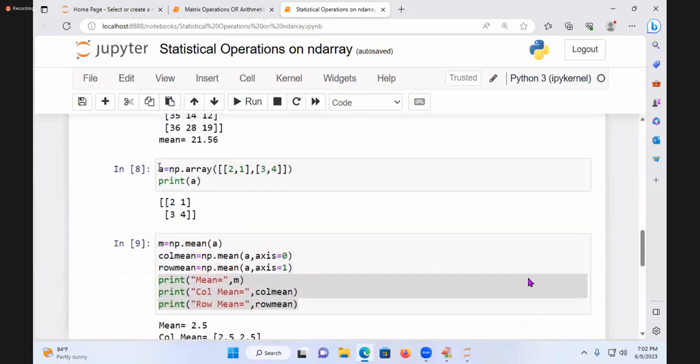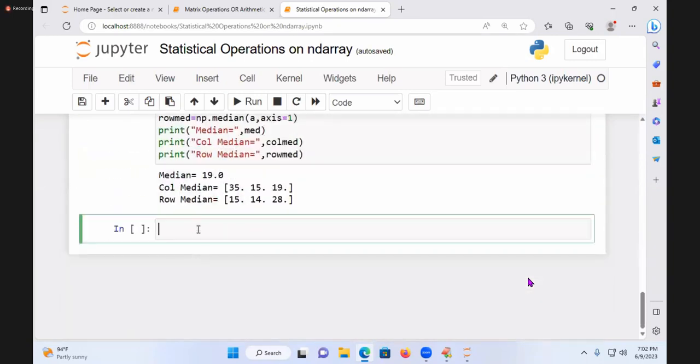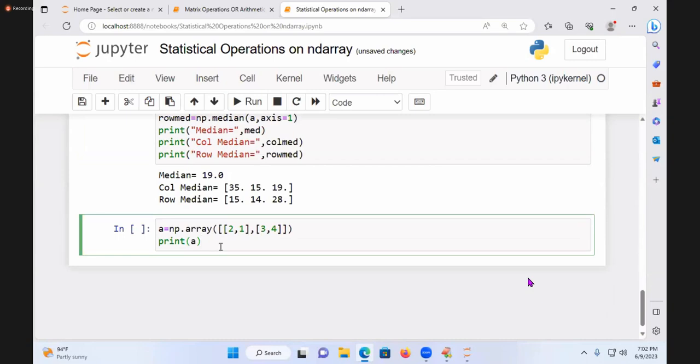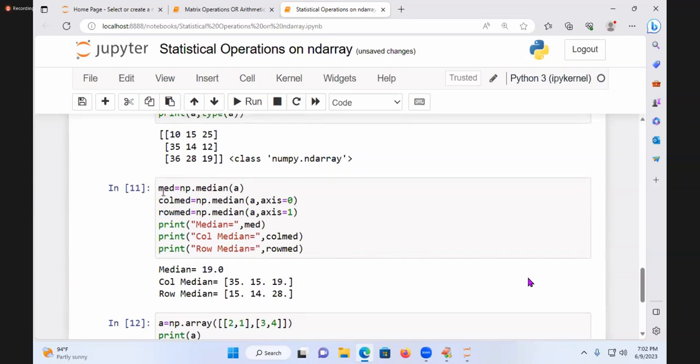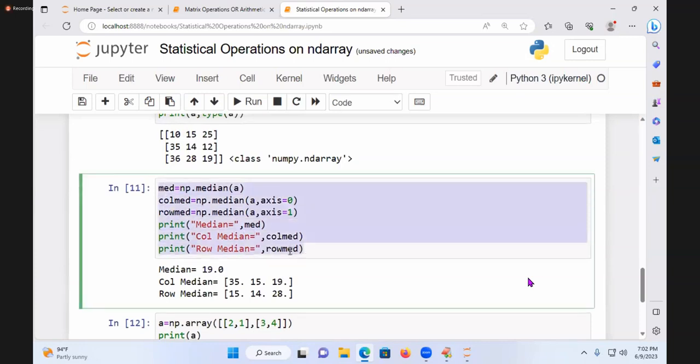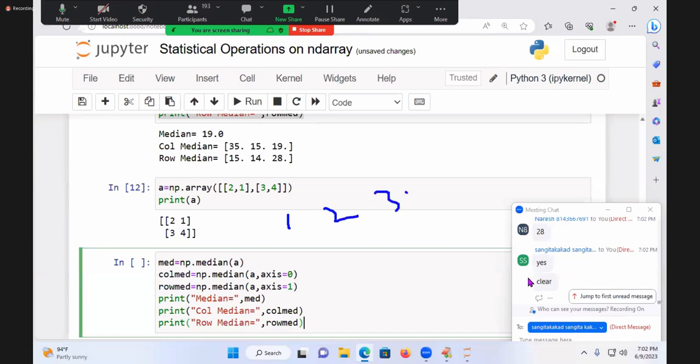Take this example one more time. That was an odd-number case. Here I am taking this part. Now you print A. Go through the same process. What are the elements here? 1, 2, 3, 4.